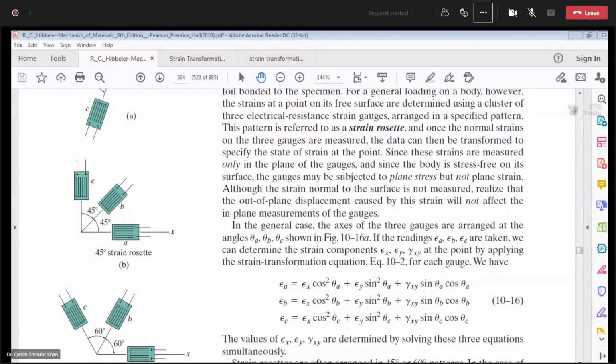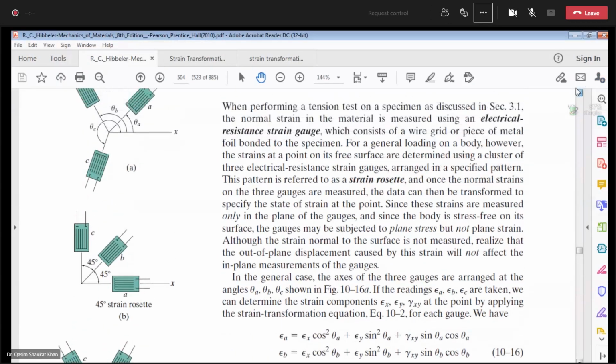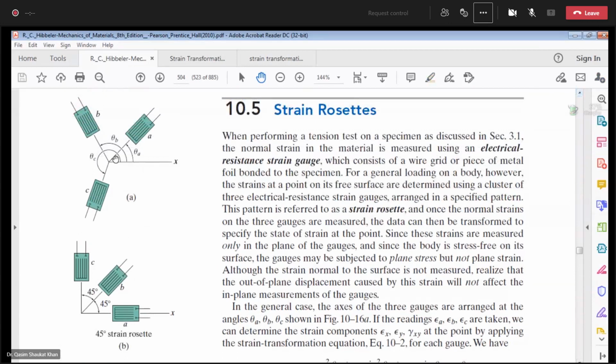We are not defining x and y. We have just considered this case. You have attached the strain gauge in a direction, the theta A direction, and you are getting the strain A. It's not an x direction or y direction.